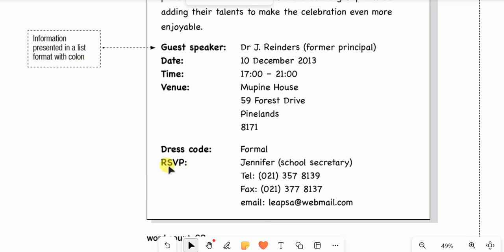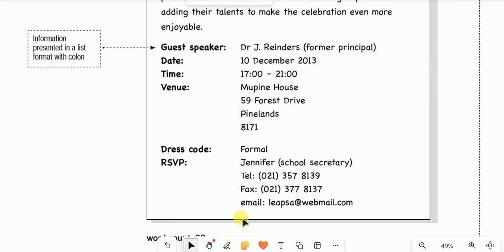Okay, so with the RSVP, what do you need to write? You need to write the name of an individual that the guest will communicate with to confirm their attendance, and then you can also include cell phone numbers as well as maybe an email address. These are just communication links that one can use to reach the individual to confirm their attendance.